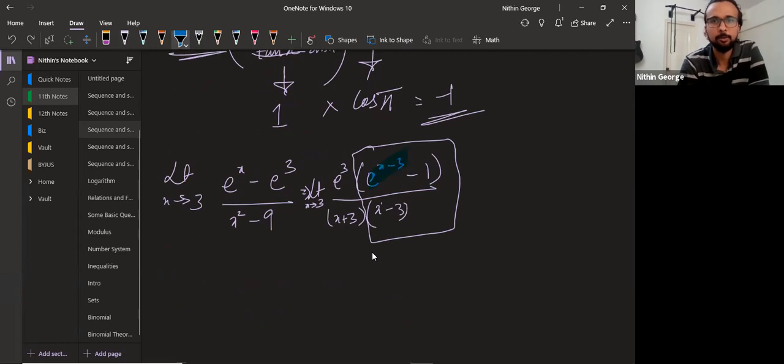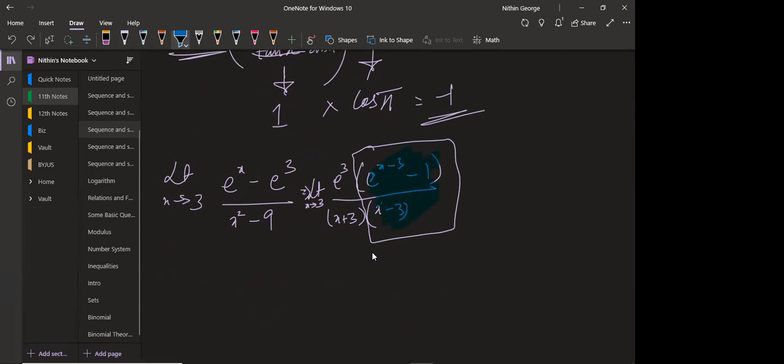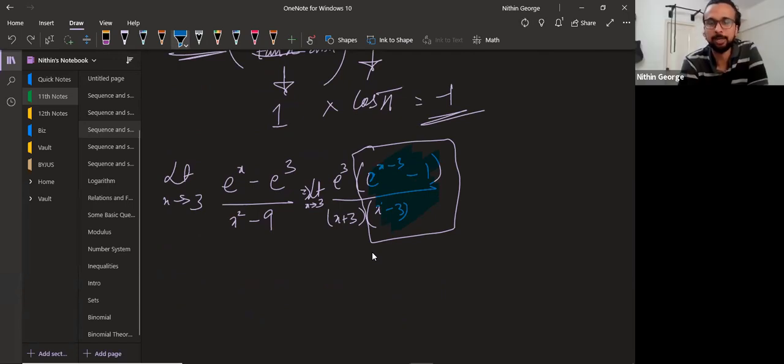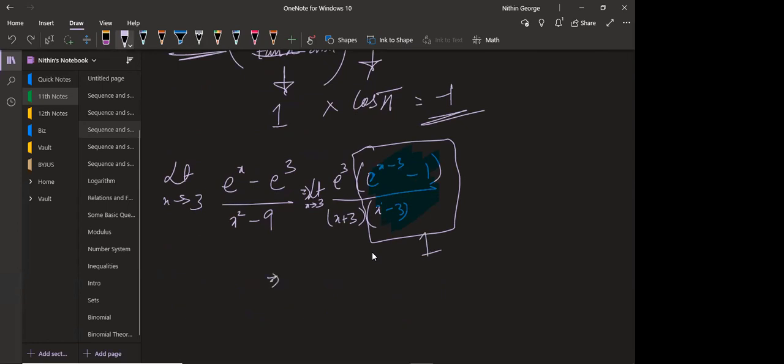I'll just shade it out. What is this part here? 1. Limit x tends to 3 means e power 0 minus 1 divided by 0, of the form e power x minus 1 divided by x, where x tends to 0. So this whole thing becomes 1, and then I'm left with e cube by 6 as my answer.